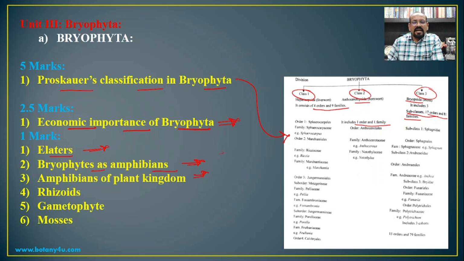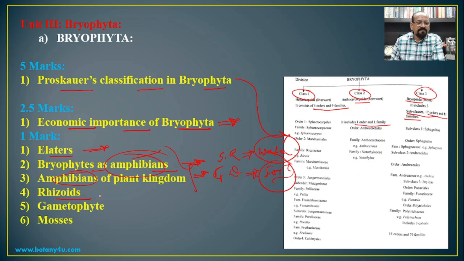It means that sexual reproduction requires water, and for growth and development there is a need of soil. Here water as well as soil are both required to complete the life cycle of bryophytes, and such organisms are known as amphibians, and hence bryophytes are known as the amphibians of the plant kingdom.